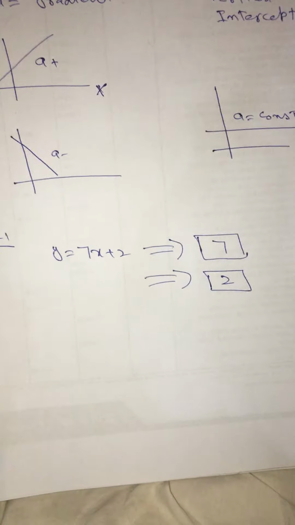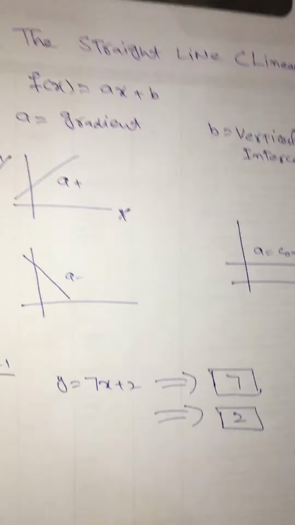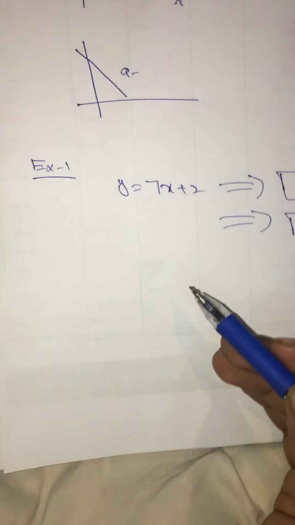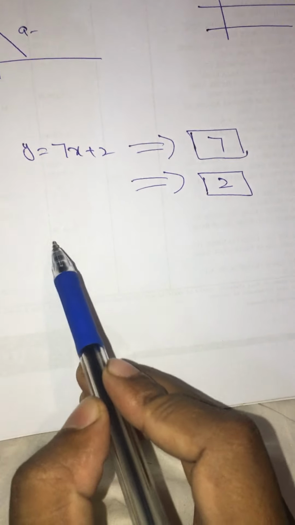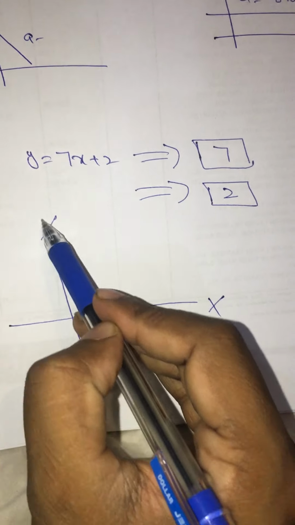Okay. This was a single point equation. Now let's suppose we have 2 points on an xy coordinate plane, where this is x and this is y.